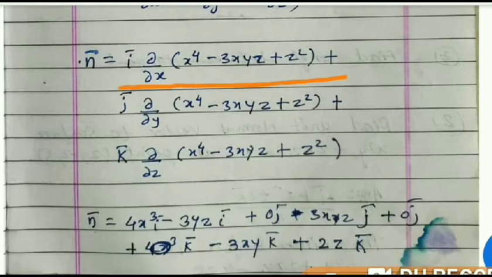For i bar, the differentiation of x to the power 4 minus 3xyz plus z square with respect to x is 4x cube, minus 3yz, and the derivative of z square with respect to x is 0.